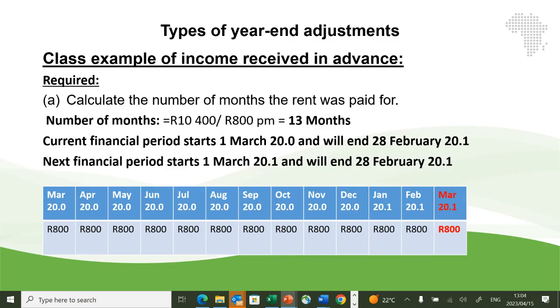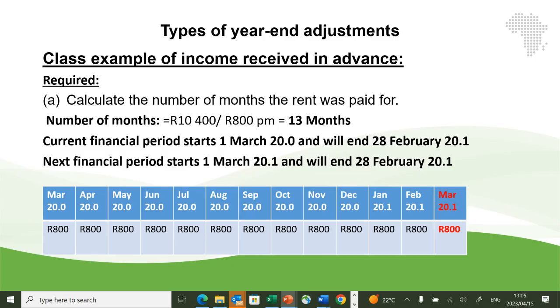We have received, as Tata Dealers, 10,400, and we know that per month we should be receiving how much? 800. So if you say 10,400 divided by 800, we get 13 months. And we were already told that on a closer investigation, it was discovered that we have already received rent for March 20.1.